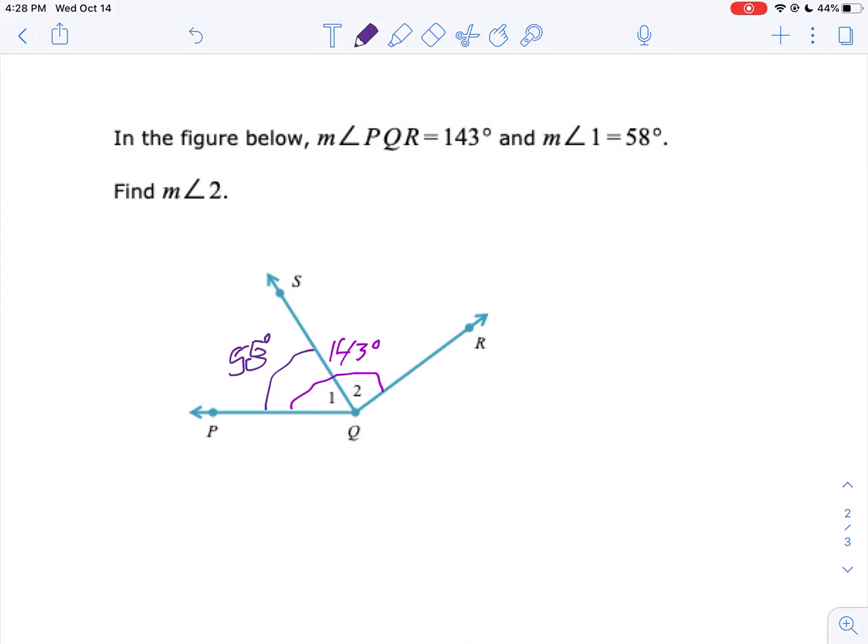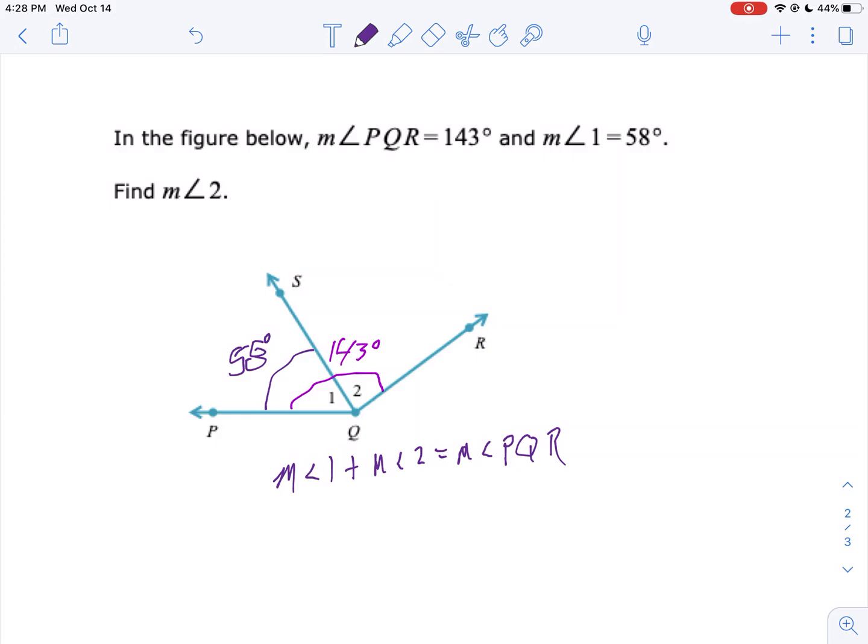And you didn't show any work and you got the problem wrong. If you would have just got the problem right, we wouldn't be talking about it. Using our angle addition postulate, we know the measure of angle 1, I'm going to rewrite that, it looks kind of sick, my angle didn't show up quite the way I want it, plus the measure of angle 2 equals the measure of angle PQR.